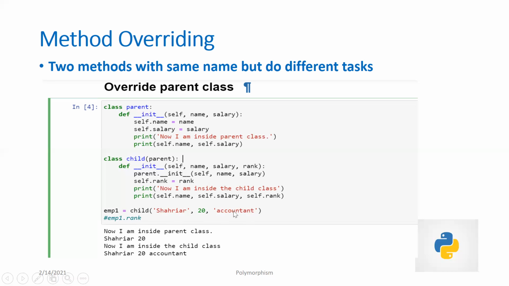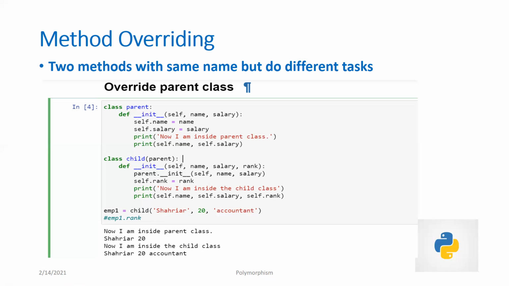As it passes three arguments, that means we are calling the method of the child class, isn't it? We are calling the method of the child class because the object is created under the child class. So obviously it is called from the child class, but as it has a parent class, it has the facility to extend or override its parent.